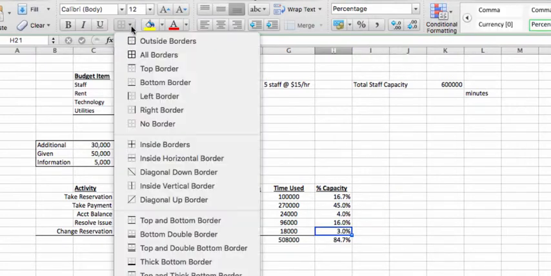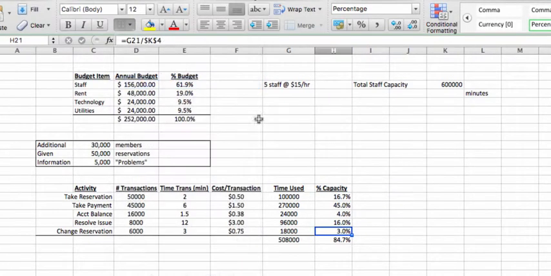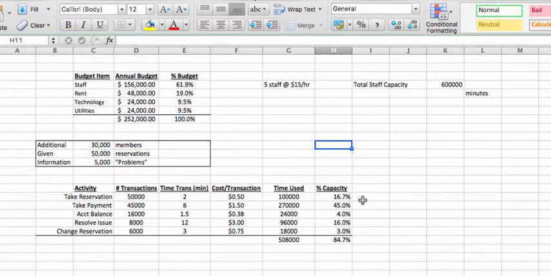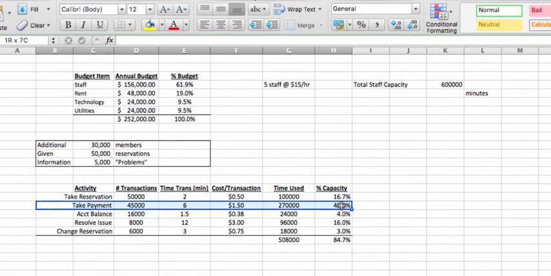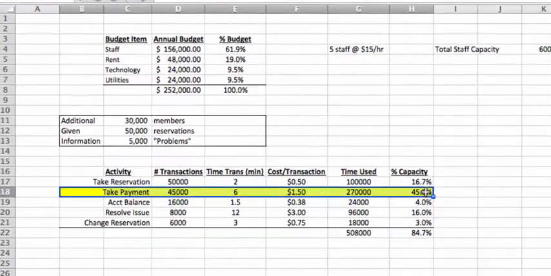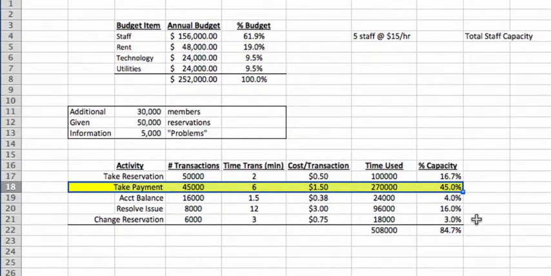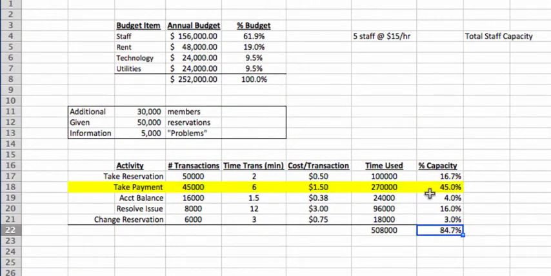If we take a look, we see some pretty interesting figures begin to emerge. First off, the thing that jumps out right off the bat is that we spend a great deal of capacity on this, such that we have a total capacity usage of 84%, almost 85%.